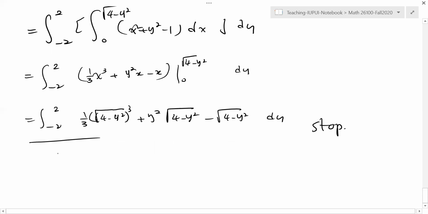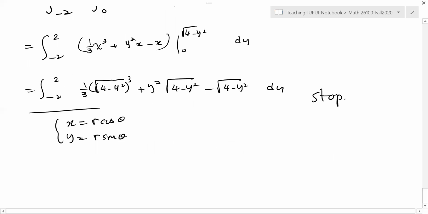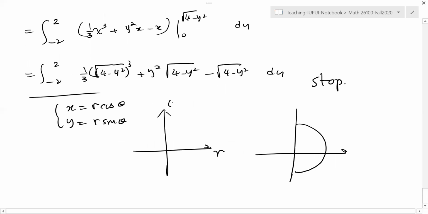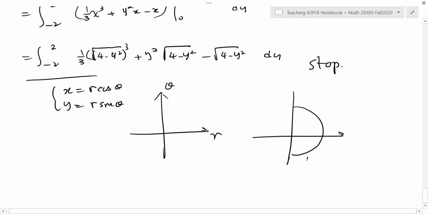Using polar coordinates, x equals r cosine theta, y equals r sine theta. Remember, right? Let's see. So this is our circle, and here I'm going to use r and theta. I want to see what D bar is.